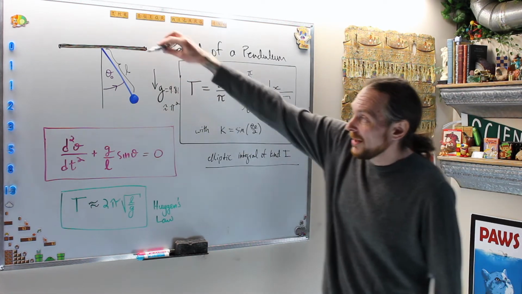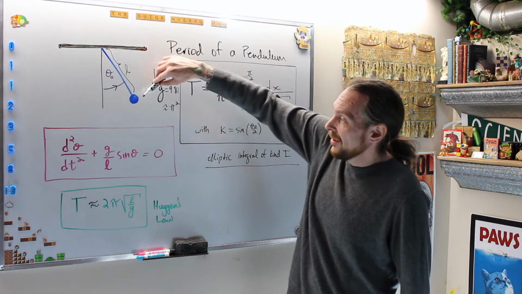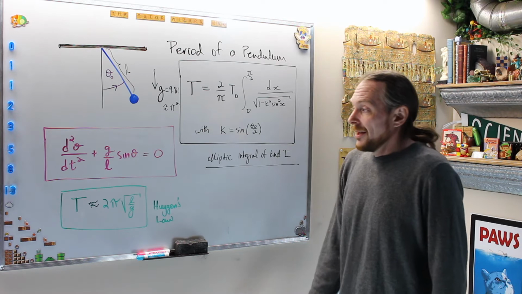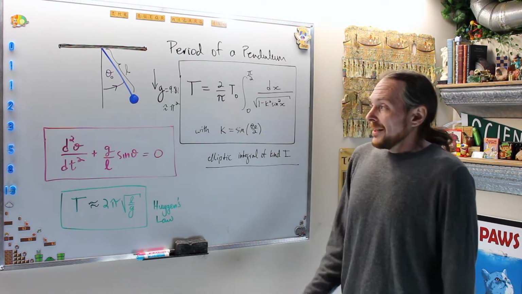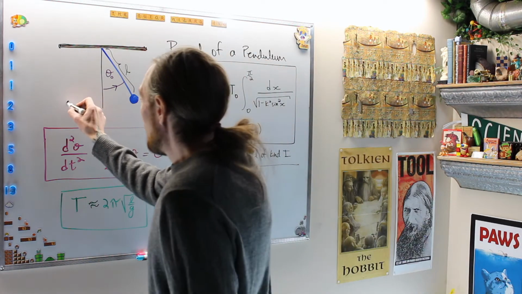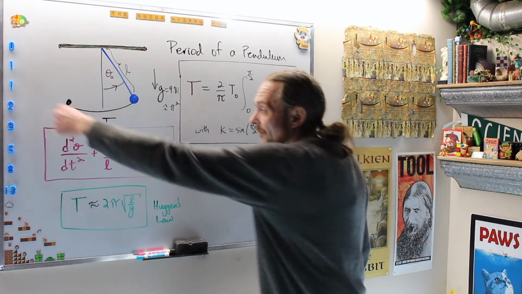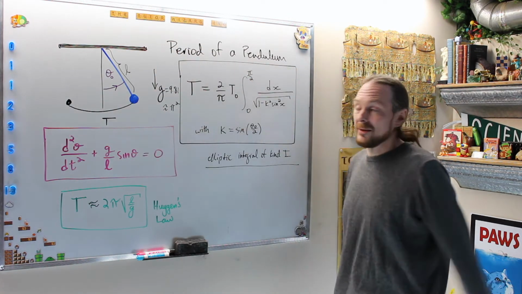From the simple pendulum, if you have a pendulum of length L swinging back and forth through angle theta naught, the period is the amount of time it takes to go through one full revolution and return to itself.